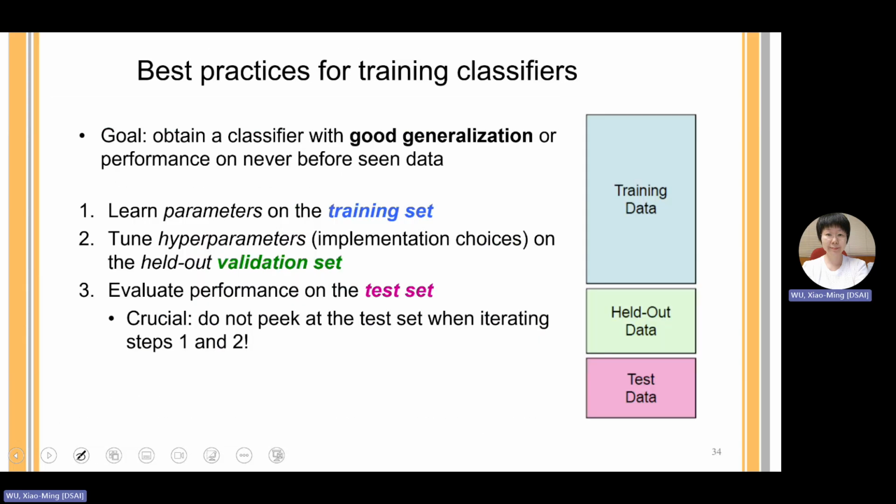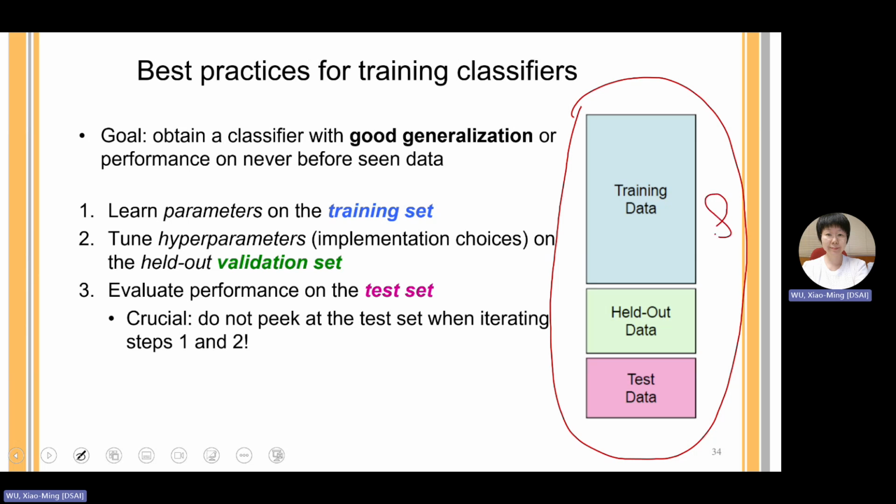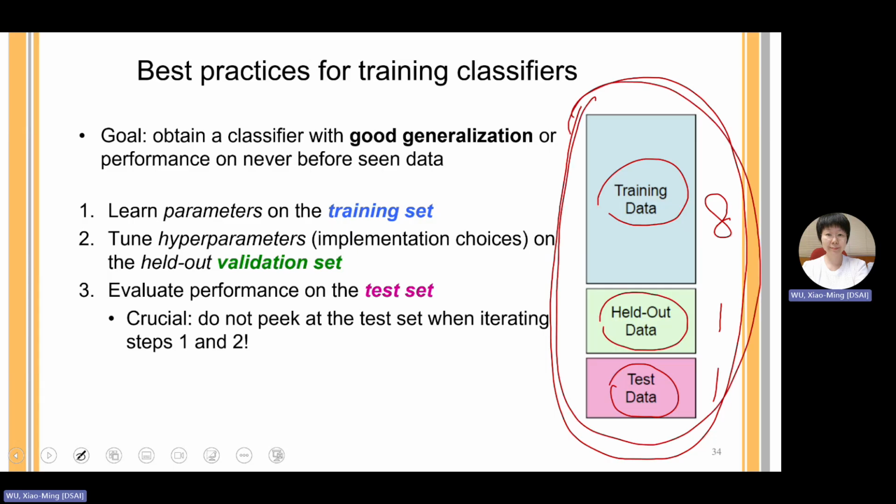We divide the data set into, for example, 8, 1, 1. 80% is used for training, 10% is held out for validation, and 10% for testing. All these examples come with labels. We know they are ground truth.